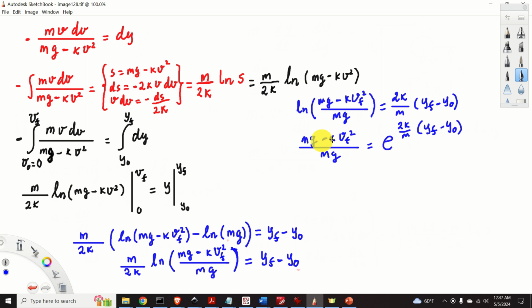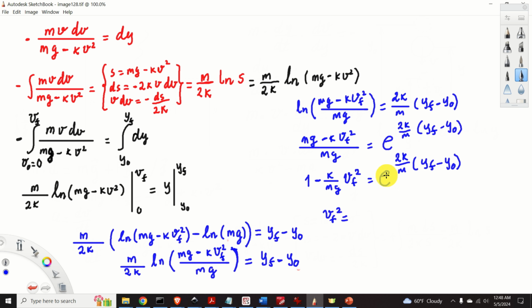Next, let's analyze this expression over here, and let's see what we have. We can write this term as 1 minus k over mg multiplying vf squared, and the right-hand side stays the same. Let's write it down: 2k over m (yf minus y0). From this expression, we have that vf squared is actually equal to.